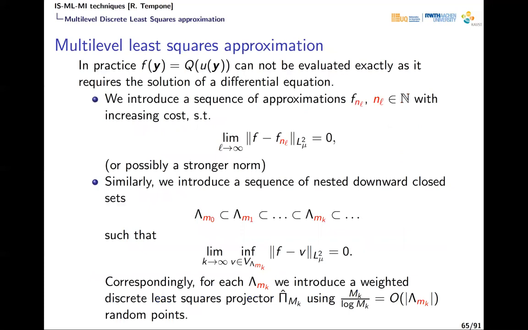Now, if you want to go to multi-level in this context, of course, you have to assume that there's some sequence of, say, polynomial spaces, for example, that will provide the required approximability for the function f, right? And for each of those, we have to satisfy this sampling inequality, of course.